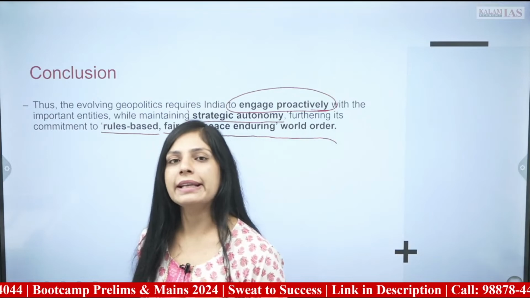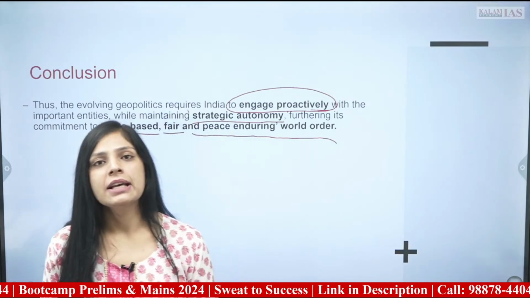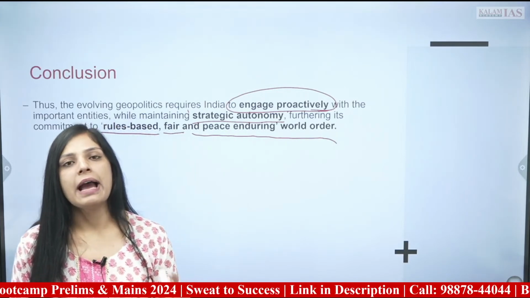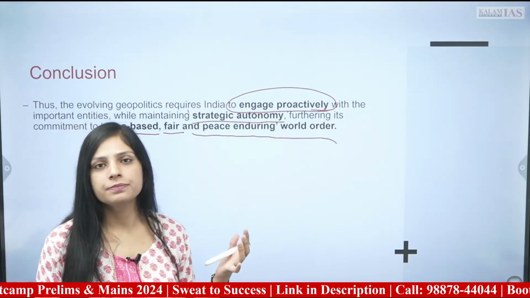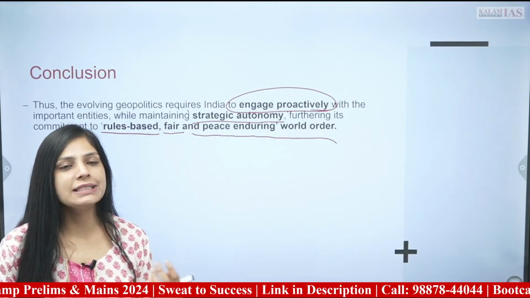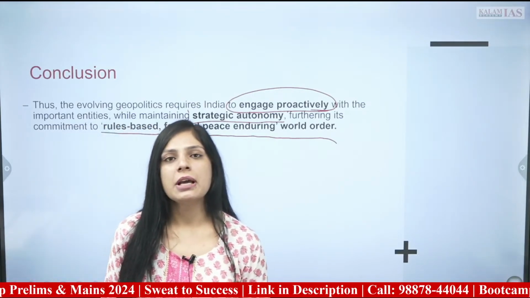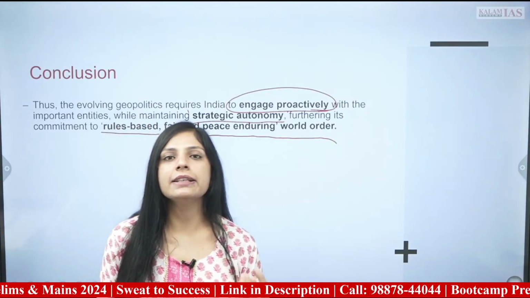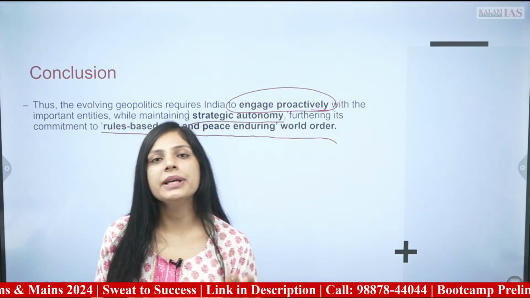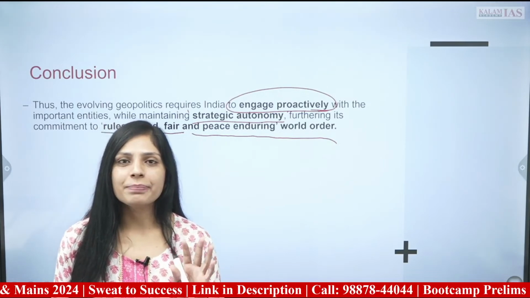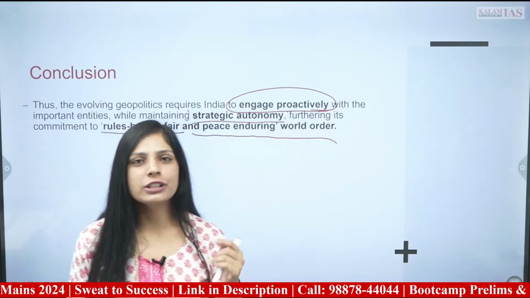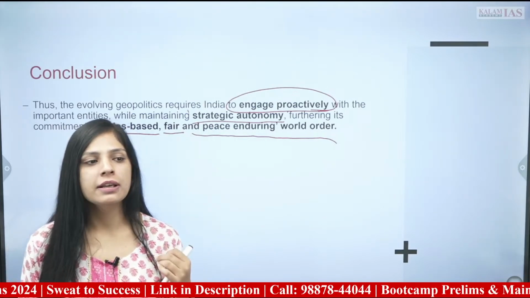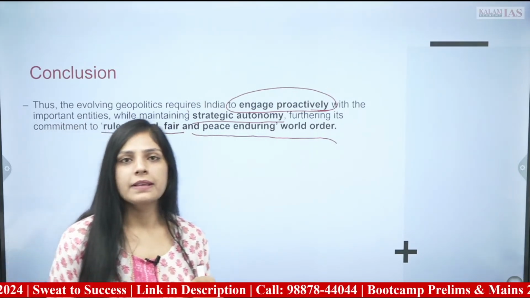So it shows that India actually sees these geopolitical changes for itself and also for the world. India sees a larger picture, which paints a very good picture of India in conducting its international relations and viewing the global geopolitical landscape, right? So this gives a very positive impression of India's approach in the world, right?